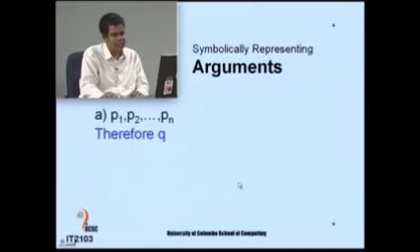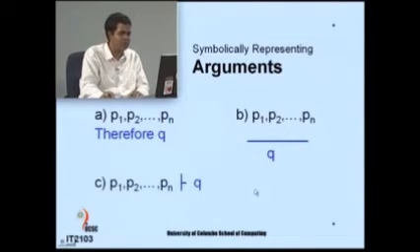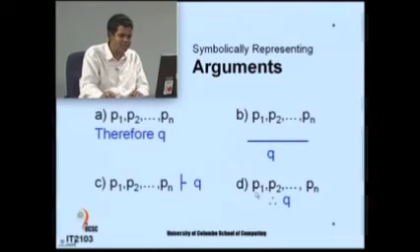We can also define it in some other ways, for example this. First we have the premises and then a line and then the conclusion. We can also denote it like this on a single line. We have the premises, the symbol and the conclusion. Or we can define it using this symbol which you might remember from your O-level mathematics. We have the premises, the therefore symbol and then the conclusion.